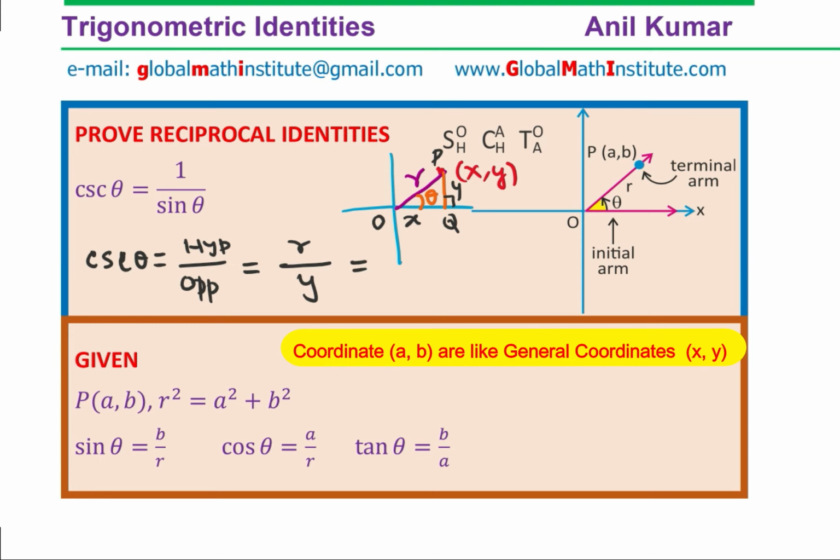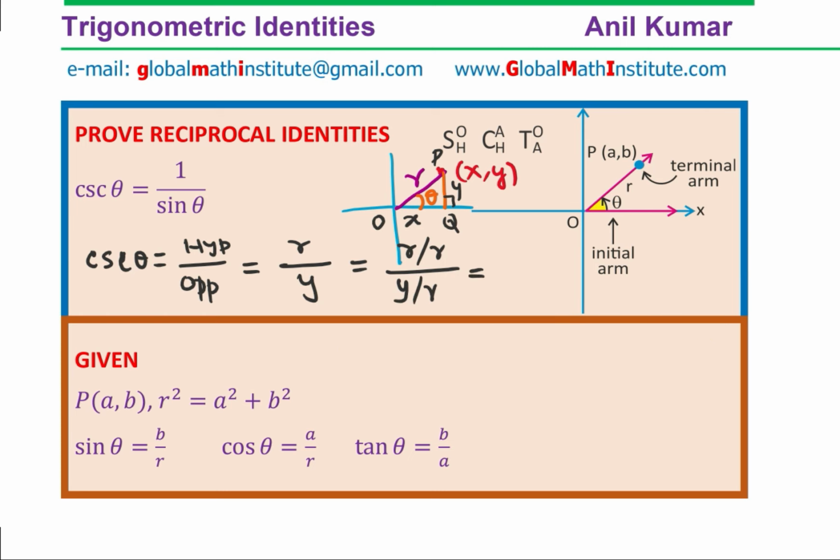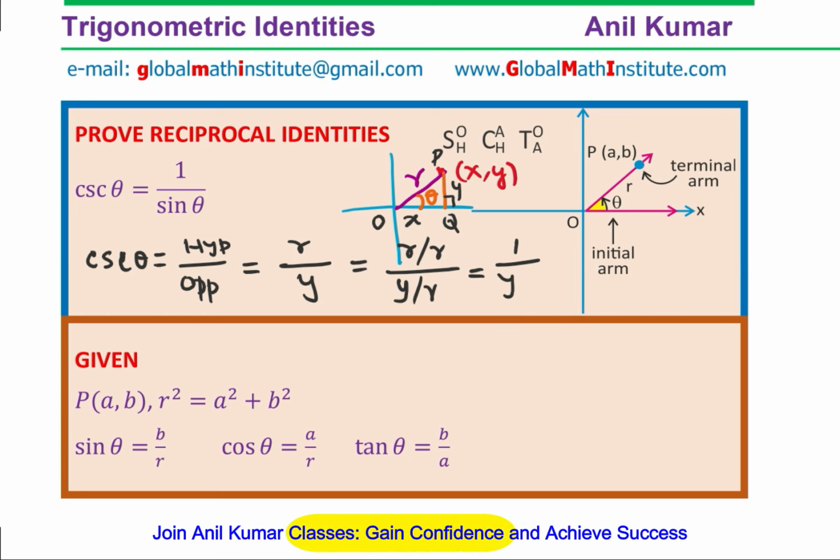Now, we can divide by r in both numerator and denominator. So what do we get? We get 1 over y over r. And that is clearly 1 over sin theta, because sin theta is the ratio of y over r. And that is how we have shown that cosecant theta is 1 over sin theta.